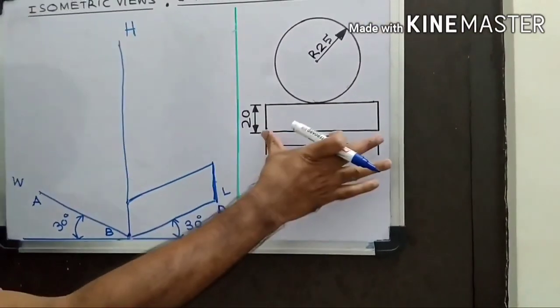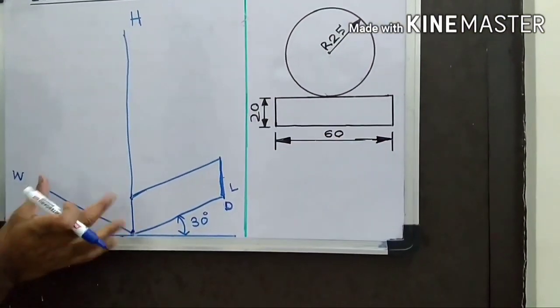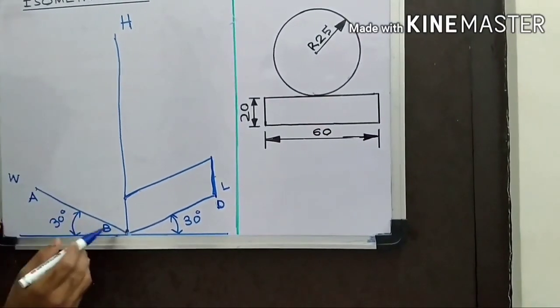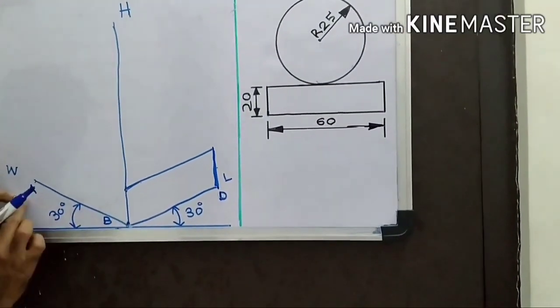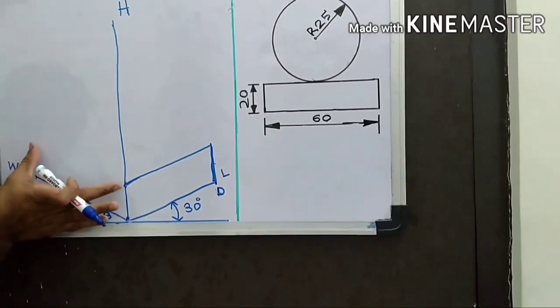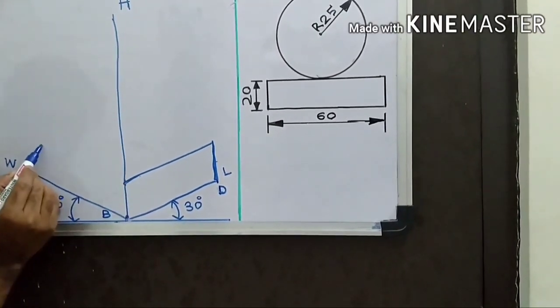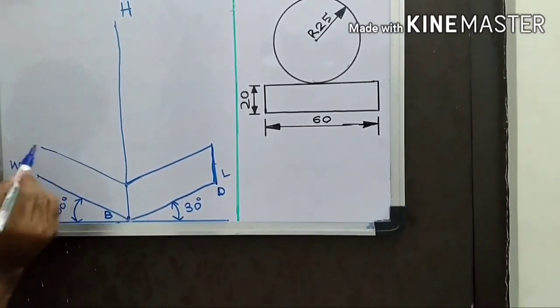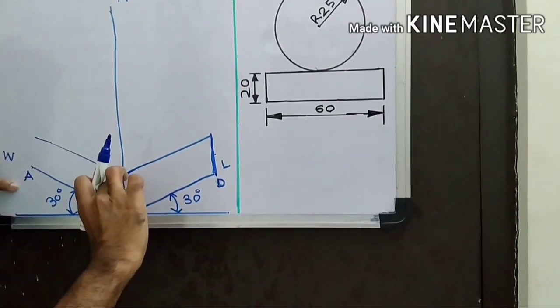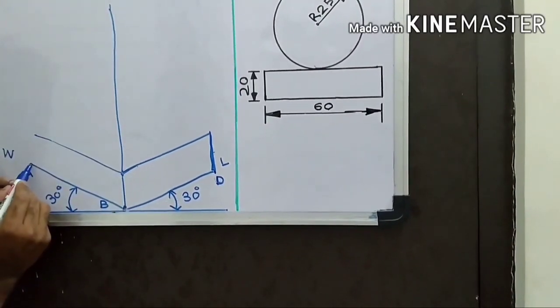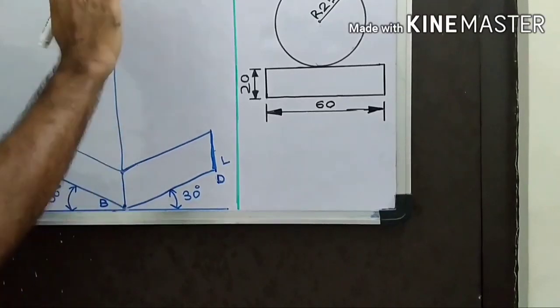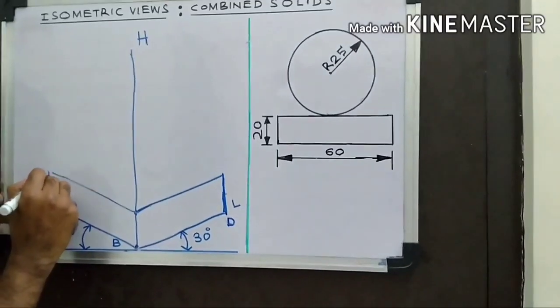Similarly, 60 is the length. From this point, draw a parallel line to AB. Height is 20, so from point A, draw a parallel line to BH by using a drafter.